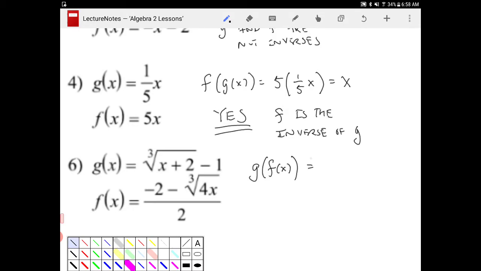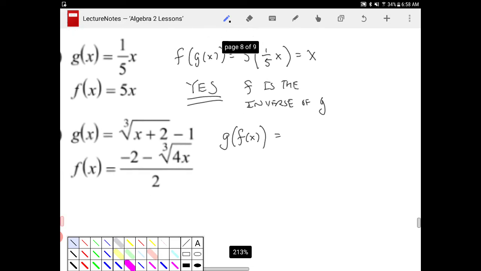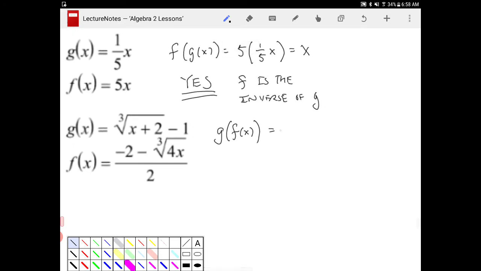So what I will get then is cube root of x, but instead of writing x, I'm going to write in f, so it's negative 2 minus cube root of 4x all over 2, plus 2, and then minus 1.